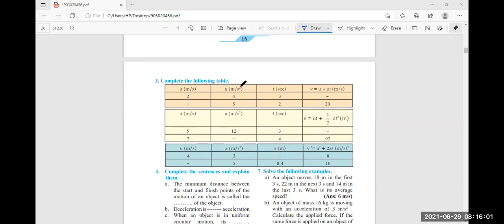Okay, now A. A is measured in meter per second square. So now Vaishnavi Kandar, what is A? Speak fast. Acceleration.